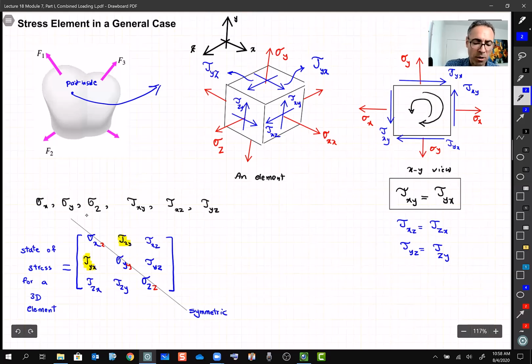And this is something we call the stress tensor. All right? If you recall, in module 2, I introduced the concept of tensor. I just mentioned the name, maybe you forget by now, but physical quantities can be a scalar, a vector, or a tensor.